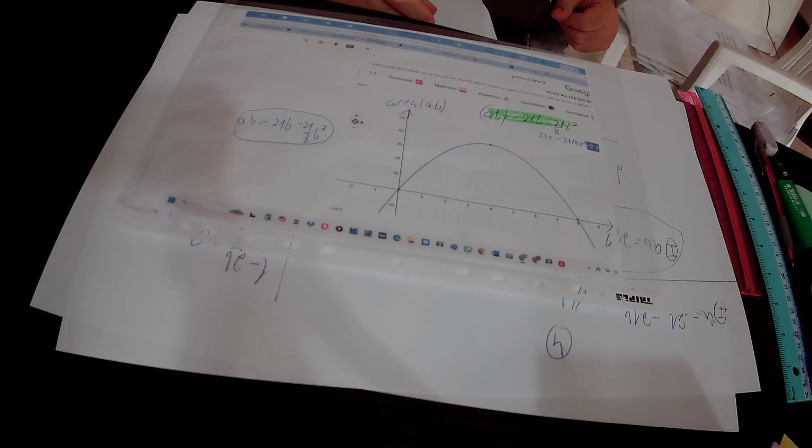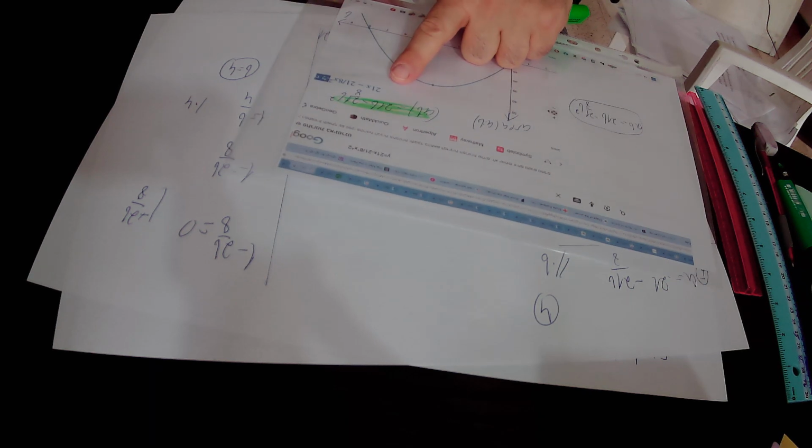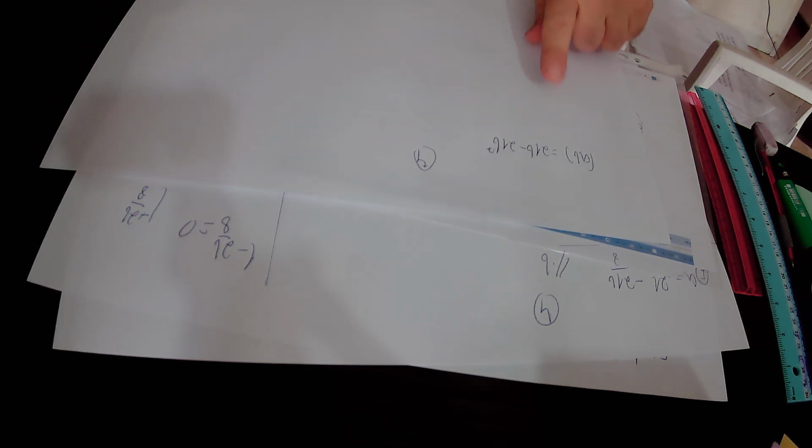So the area function of the rectangle is equal to AB, which is 21b minus 21b squared.